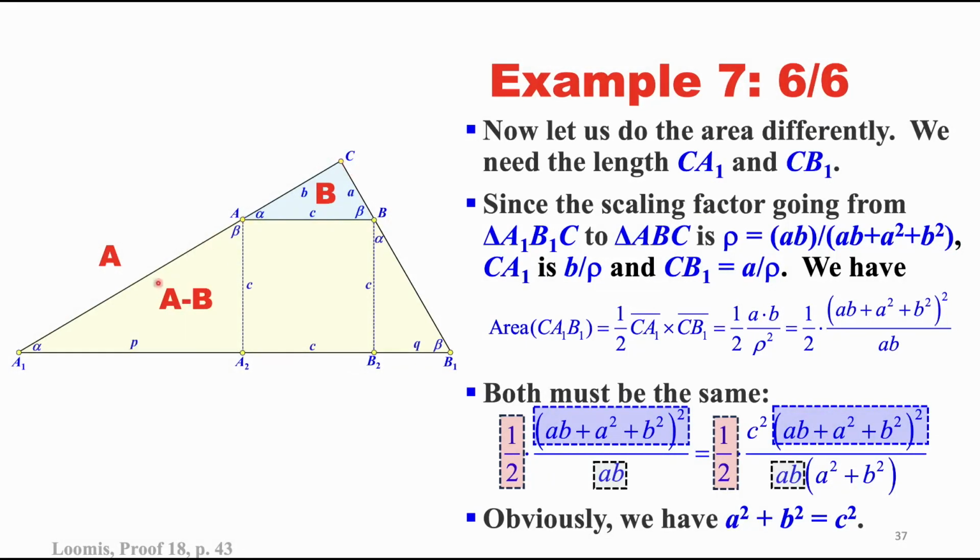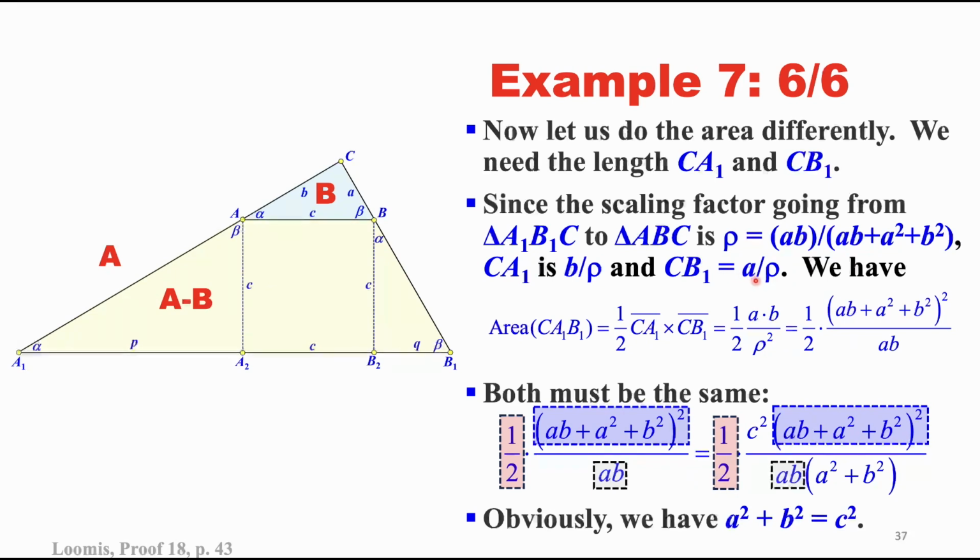We know the area of this right triangle is the product of CA1 and CB1 divided by 2. Because rho is the scaling factor, we multiply the scaling factor to the length of CA1, we get CA. Therefore, CA is B divided by rho.